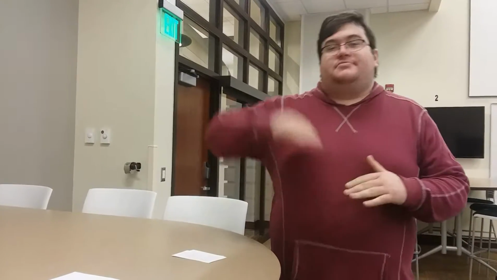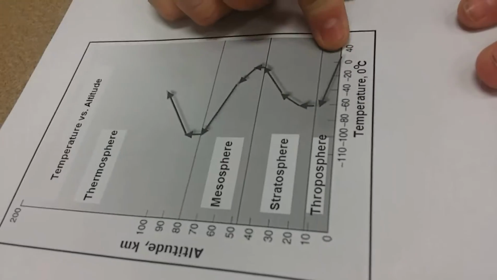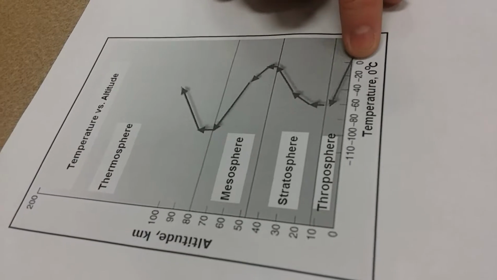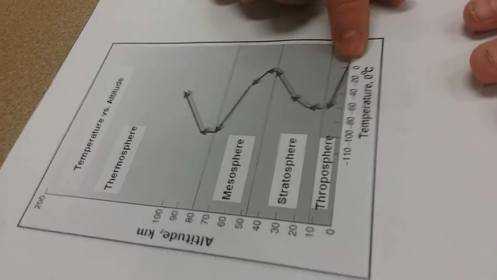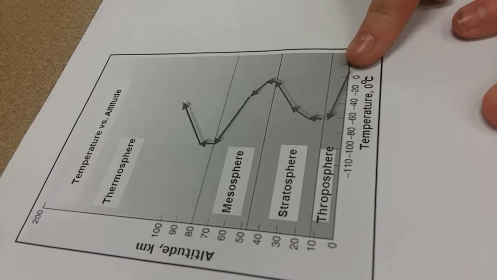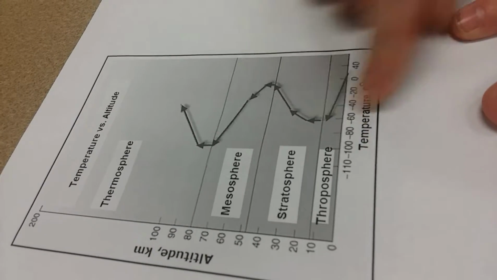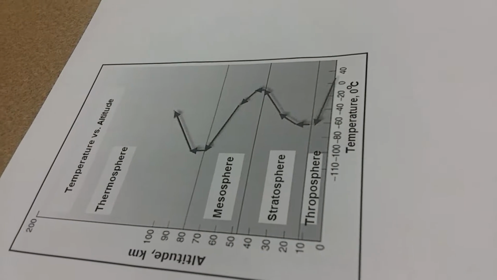Okay, we're going to be talking about the four main layers of the atmosphere, starting with the troposphere. That's about 12 kilometers thick on average, and that basically goes from the Earth's surface up about 12 kilometers. If you look in here, you can see the temperature change through that range. From the average Earth surface temperature, about 15-20 degrees Celsius, you drastically lower in temperature as you increase in altitude.